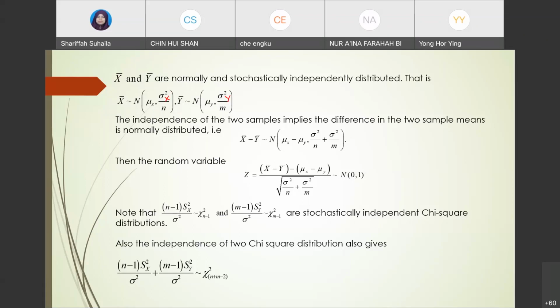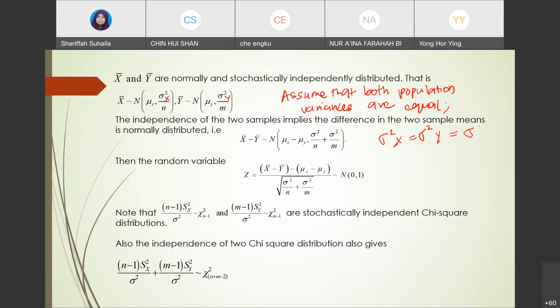So assume that both population variance are equal. So that's mean here you have sigma square x equals to sigma square y is equals to common term, which is sigma square.